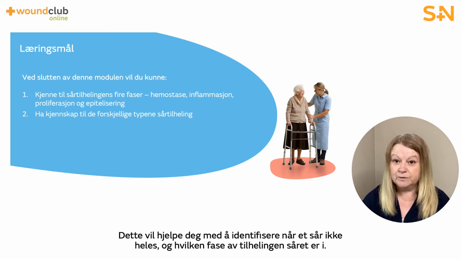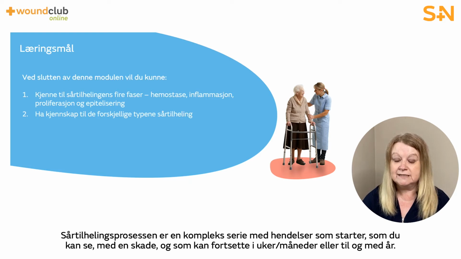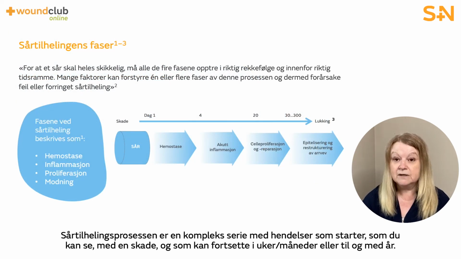This will also help you identify when a wound is not healing and which phase of healing the wound is currently in. The wound healing process is a complex series of events that starts, as you can see, with an injury which can continue for weeks, months or even years.